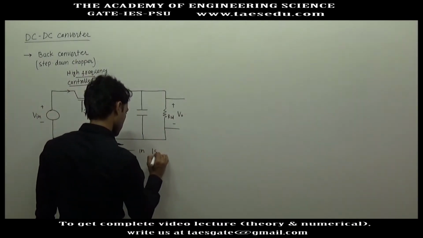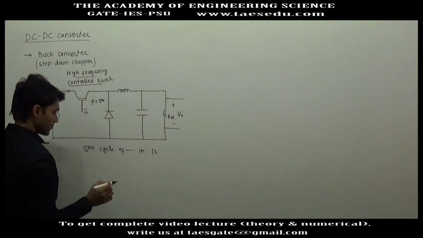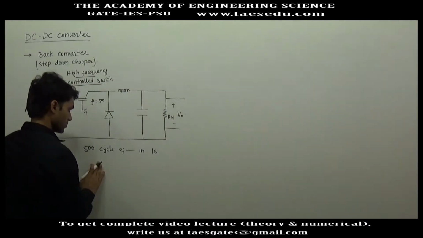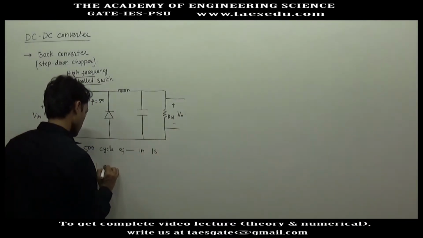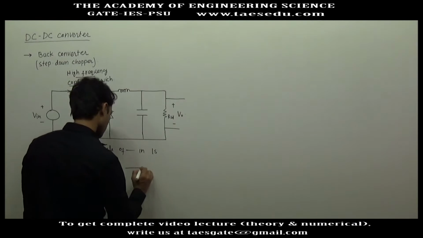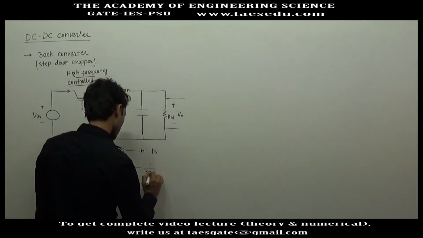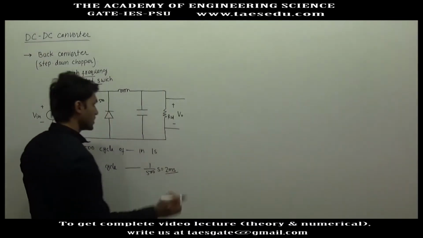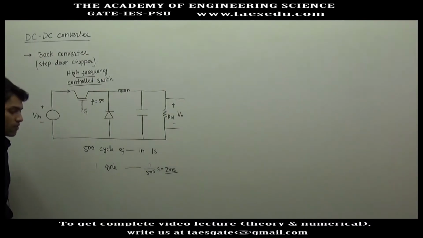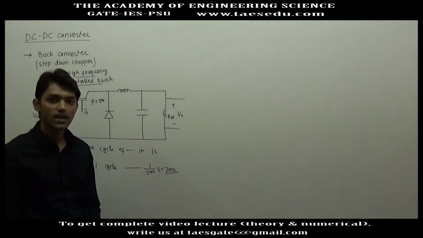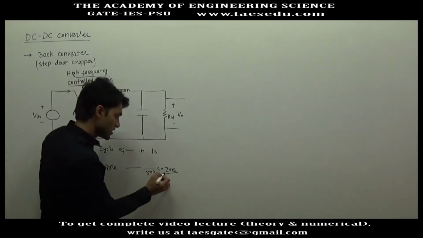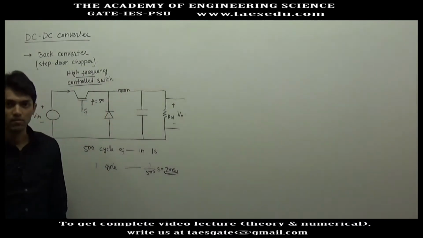So what will be the duration of one cycle? 500 cycles are completed in 1 second, so one cycle will be completed in 1 by 500 second. This is 2 millisecond. In one cycle it has to be turned on and turned off.